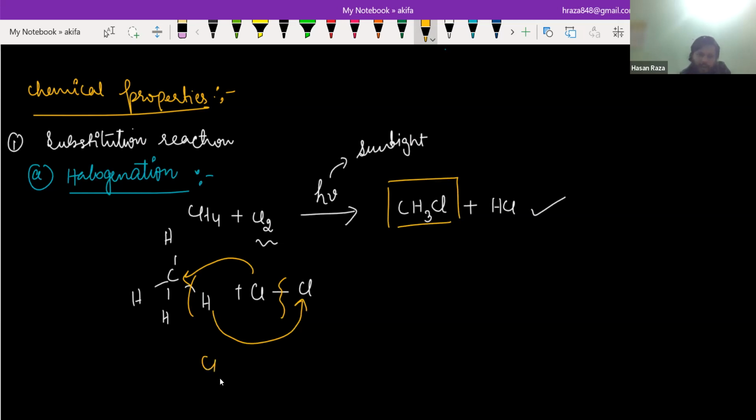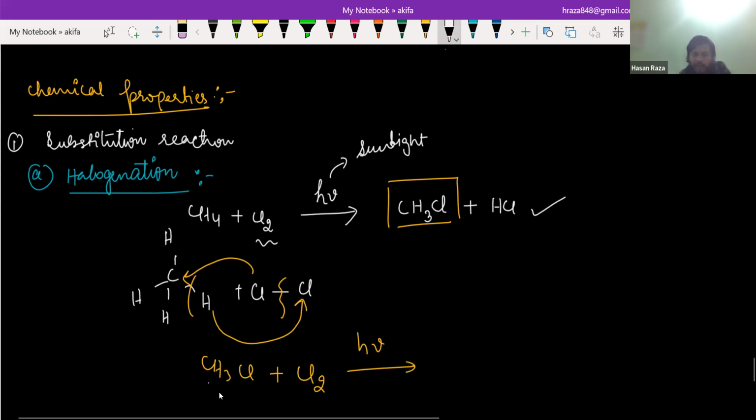If you again react CH3Cl plus Cl2 in the presence of h nu, the carbon and hydrogen bond will break and it will be CH2. One of the hydrogens will go to chlorine, and it will be Cl again. Earlier there was one Cl, and again one Cl will add and it will be CH2Cl2, and here it will be HCl.